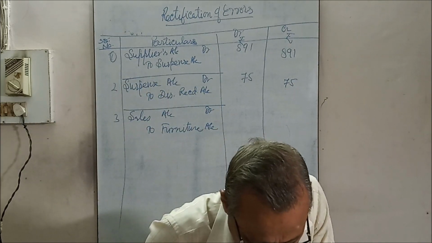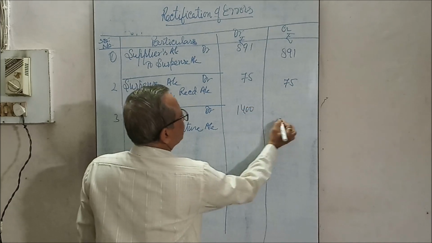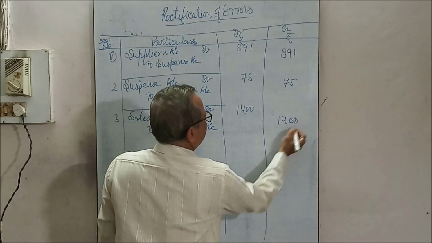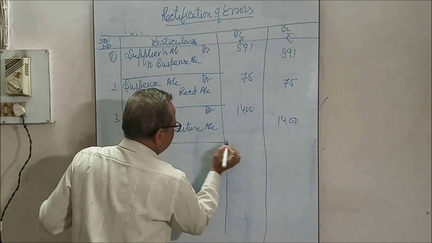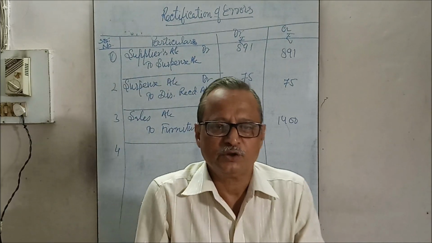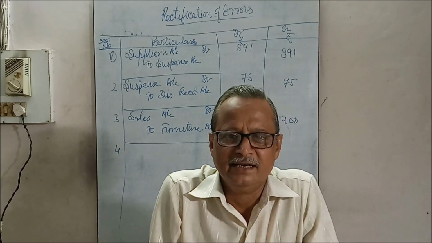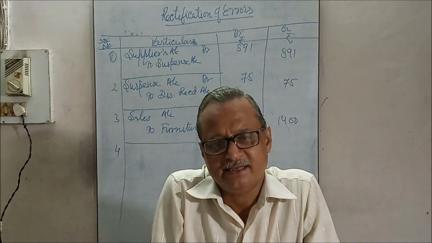The amount is 1400. It is a double-sided error, so no suspense account is used here. Suspense account is only utilized to rectify single-sided errors.